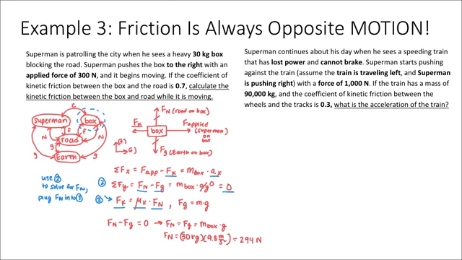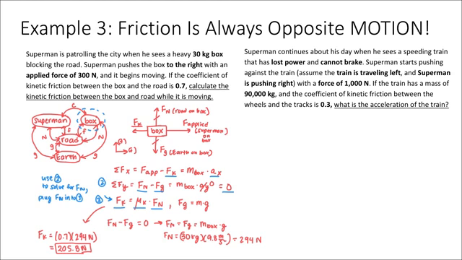So then I can go ahead and plug that into equation 3 here. I'll say then that the force of kinetic friction is equal to the coefficient of kinetic friction, 0.7, times that normal force, 294 newtons, and that'll be equal to 205.8 newtons. Awesome.